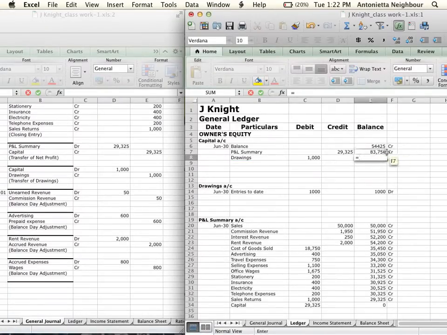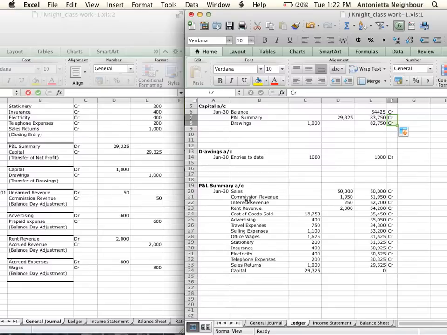I have a credit balance in my capital account, so that will decrease with this $1,000 entry. So I take that away. It's still a credit balance though. So now I'm going to do drawings credit 1,000. So I credit drawings for 1,000.